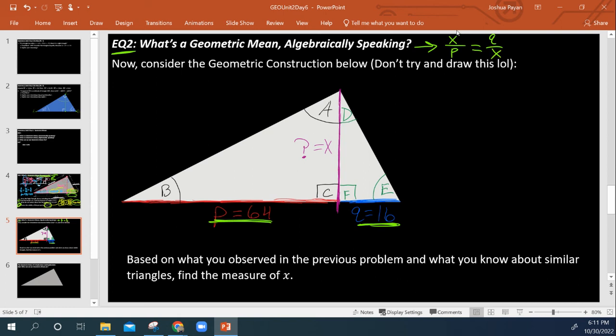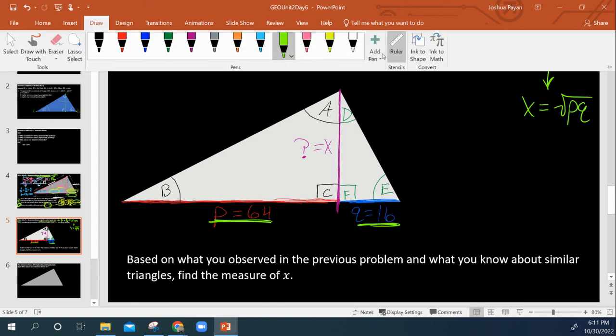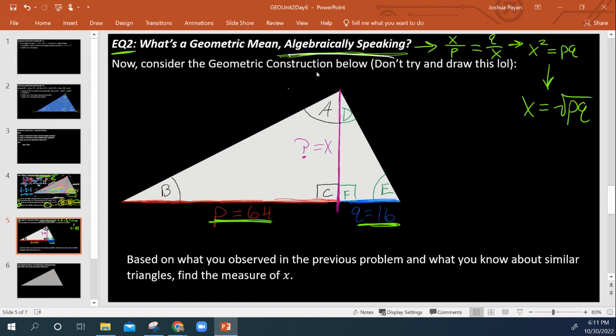Or if we cross multiply this out, x squared equals p times q. Or you can go even further to say that x equals the square root of p times q. So algebraically speaking, geometric means are all of these things. It's this proportion, it's this quadratic, and it's this square root.